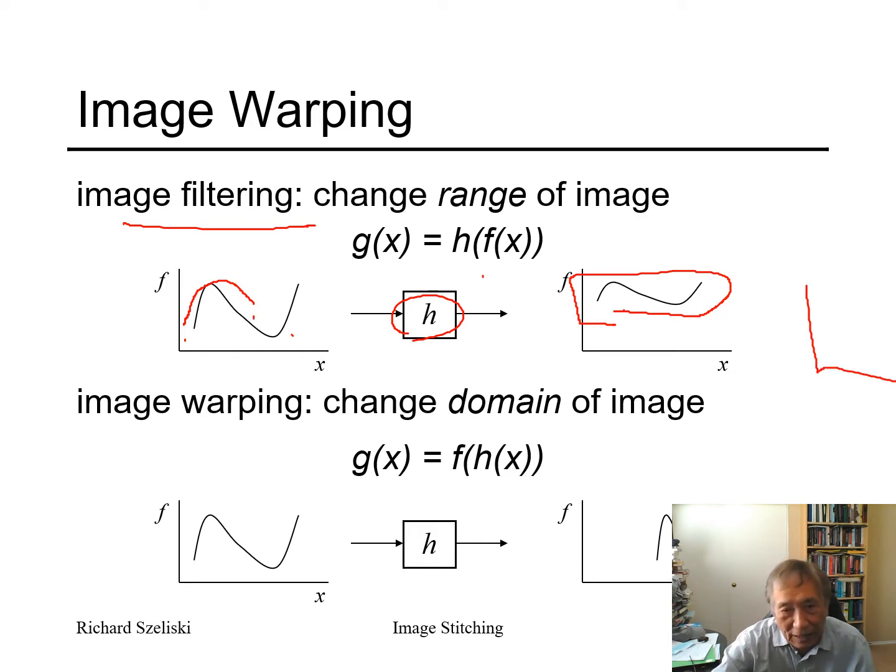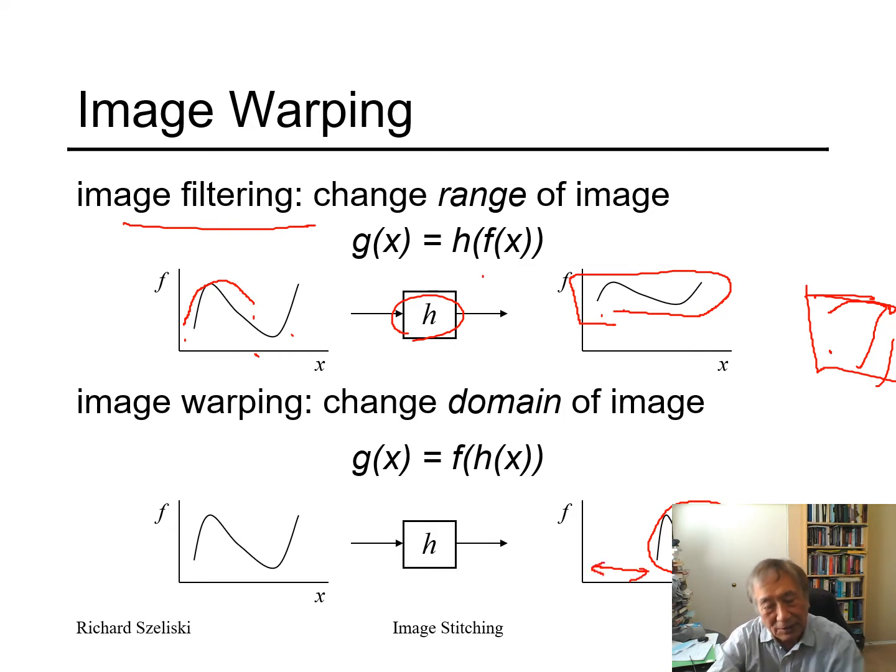Suppose the other picture we want to stitch with happens to be smaller; then you squeeze this one into a smaller size so they can fit. Then you shift it, so this is translation. This is scaling.